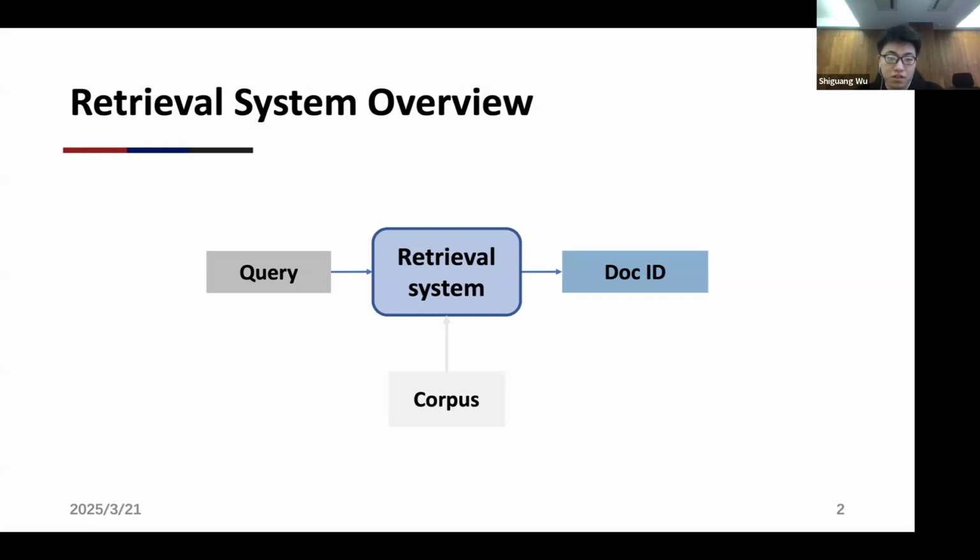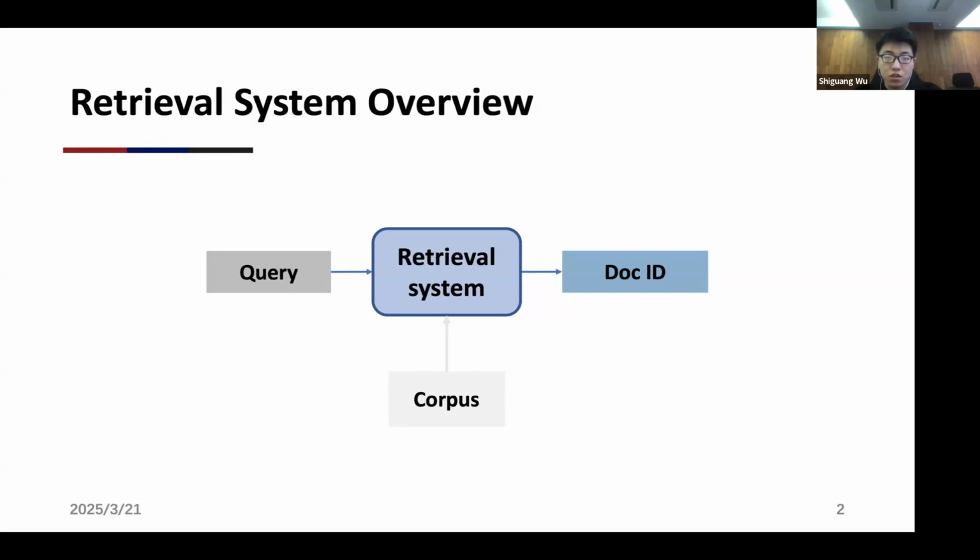When a user inputs a query, which is also in text form in this paper, the retrieval system returns a list of document IDs that are relevant to the user query. Normally, we use a multi-stage retrieval system in industry, like a retrieval and re-rank paradigm in a cascade way. Here we focus on the retrieval system.